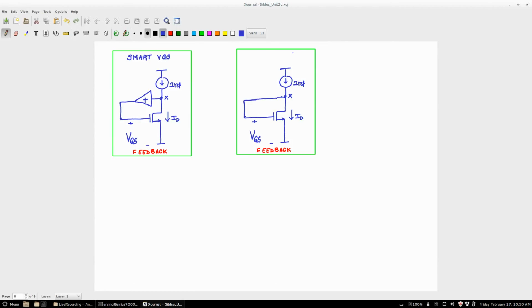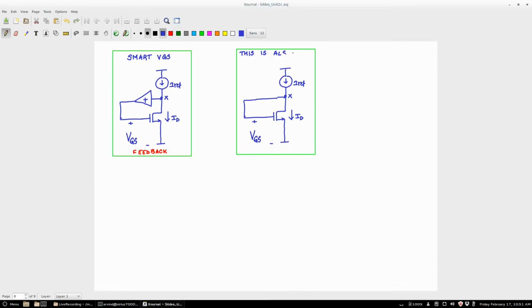Everybody with me so far? Now, can I do this? Remove this gain source and just short it. Can I do that?